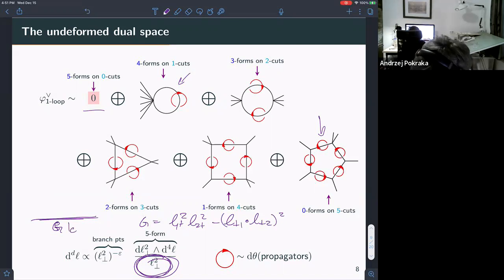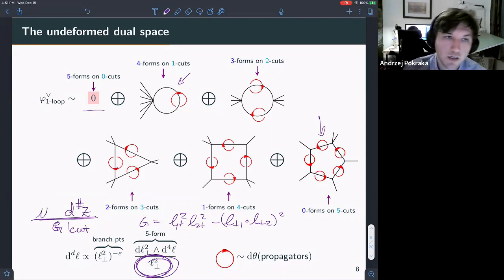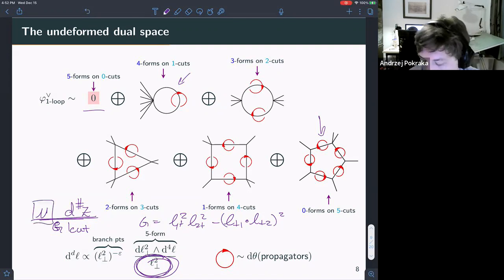So we can have this restricted to some cut, and then we'll have some form, and we'll have some numerator. If we have multiple basis elements on a given cut, say the max cut of the sunrise, we would have to take a bunch of monomials to span that space.